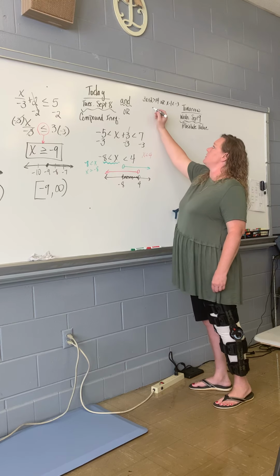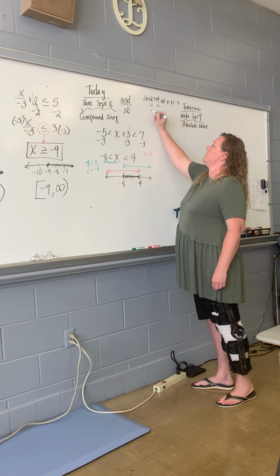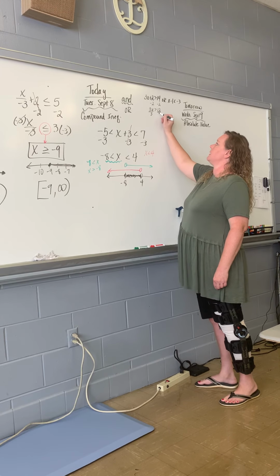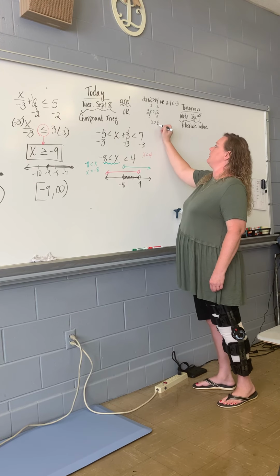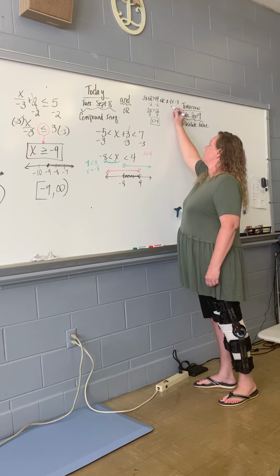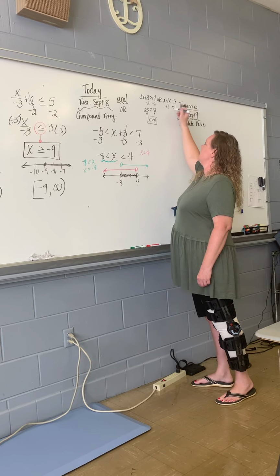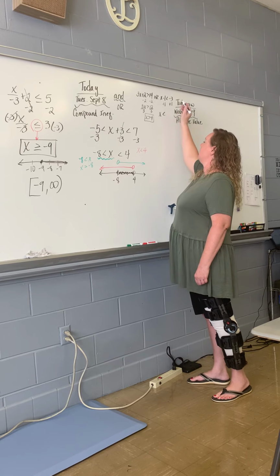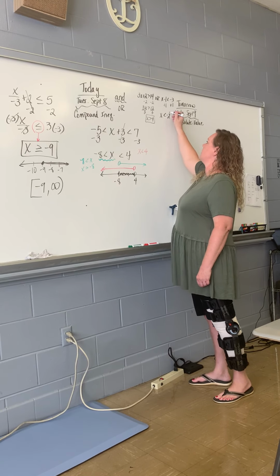I'm going to solve it as 2 problems. Subtract 2 from both sides: 3x is greater than 12. Divide by 3: x is greater than 4. Here I would add 1 to both sides, so I'd have x is less than -3 plus 1, which is -2.